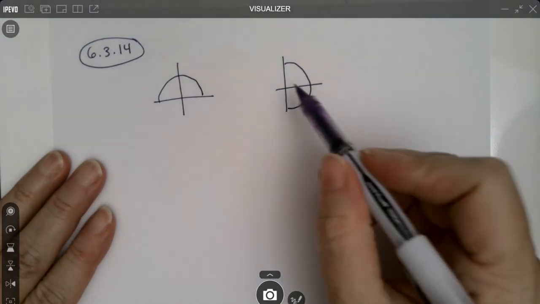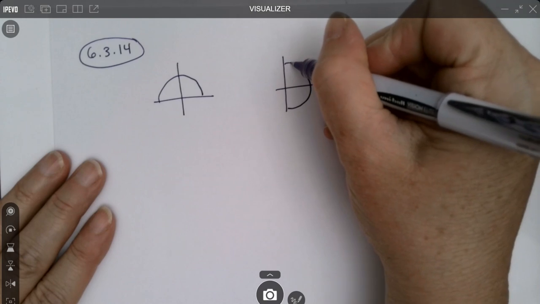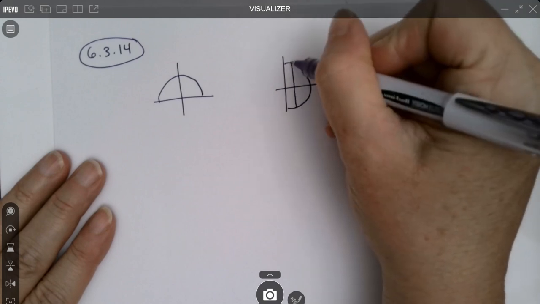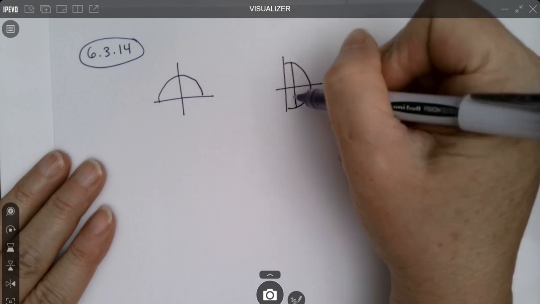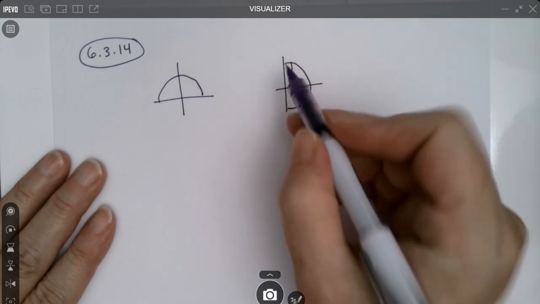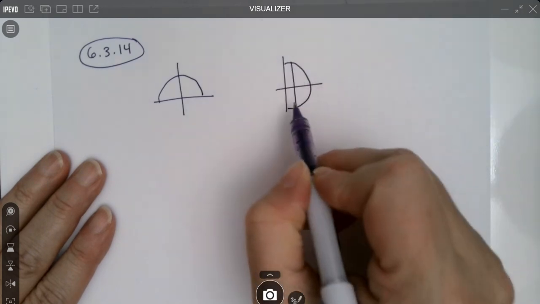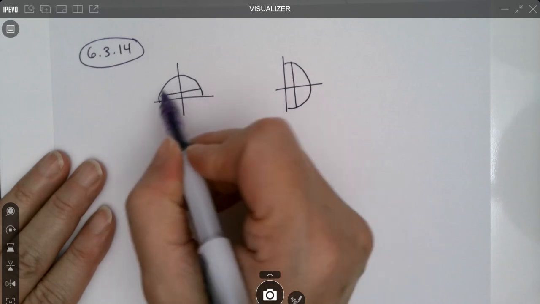But if you go this direction, the base of the square would be parallel to the diameter. So this is the one we prefer because this would be dx. And so we'd be integrating back to x as opposed to this direction, which would be dy.